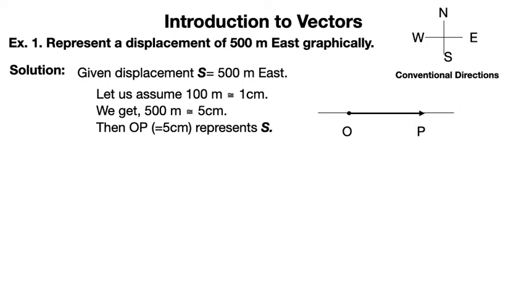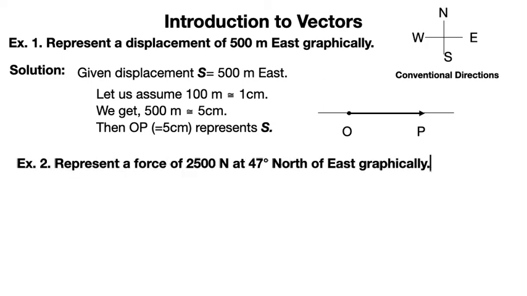OP is the segment from the initial point to the final point, and it is towards east. The length should be 5 centimeter because each centimeter represents 100 meter. So OP represents the displacement S. Now let's represent a force of 2500 Newton at 47 degree north of east graphically.